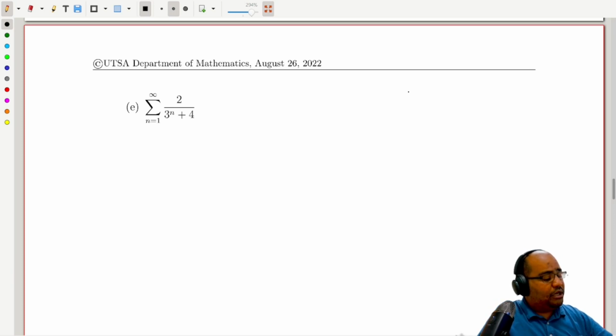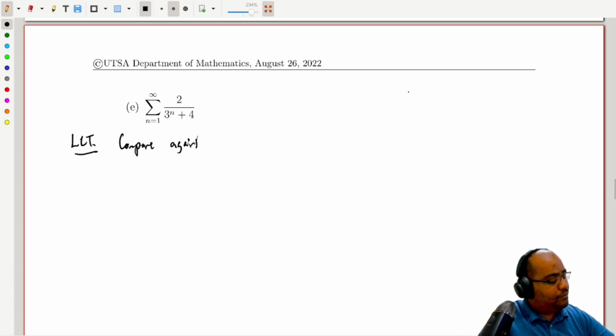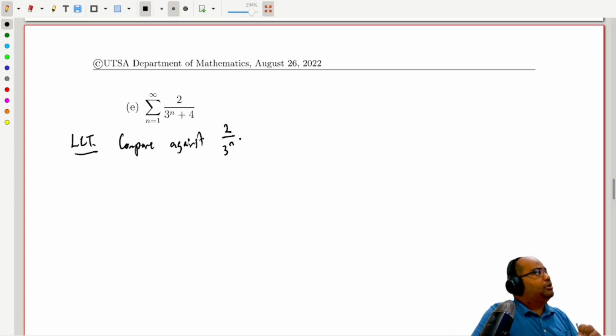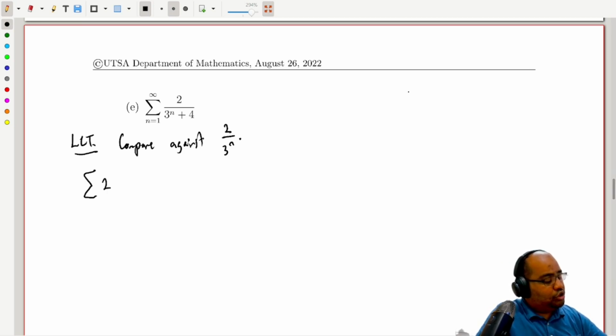So by using the limit comparison test here, probably the most natural move, let's compare against 2 over 3 to the n. Well, what do we know about the sum? If I write this, 2 over 3 to the n, let's write it like that.